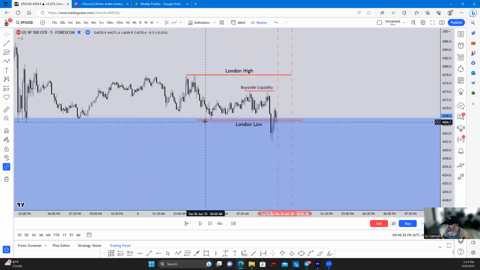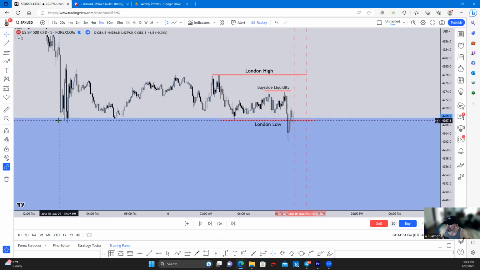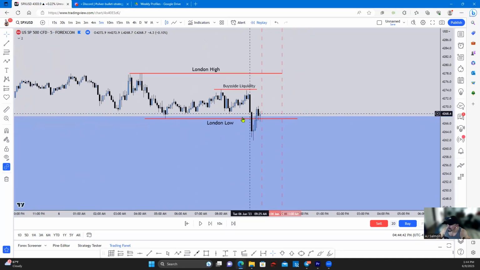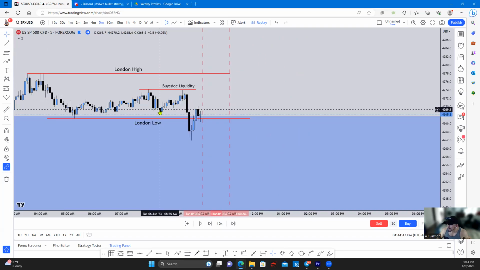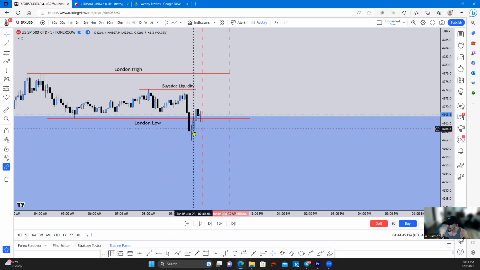You can see here, these were equal lows here. So this London low, equal lows here. You have all these relatively equal lows. It doesn't have to be perfect, but they're all relatively equal here. This is your sell side liquidity. So what price did here between 8:30 and 9:30, it swept the sell side liquidity.